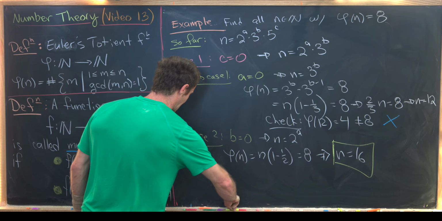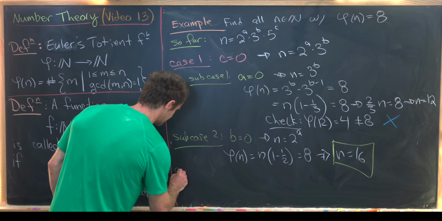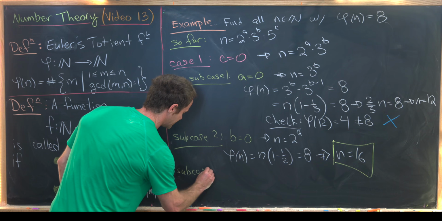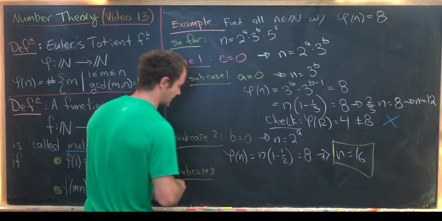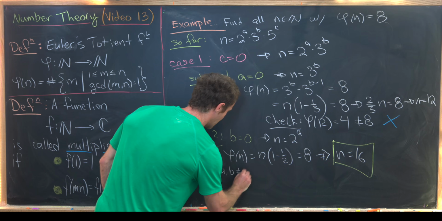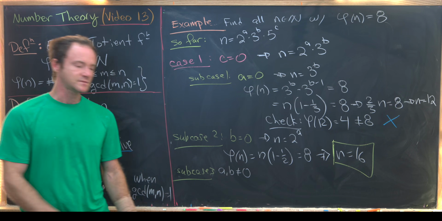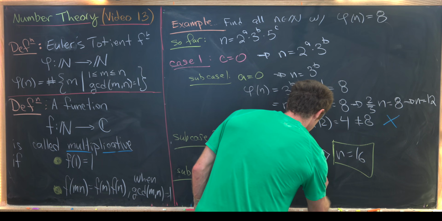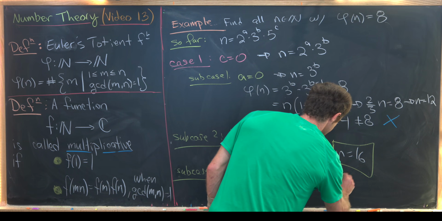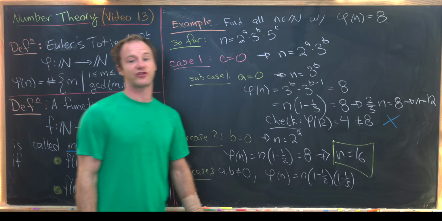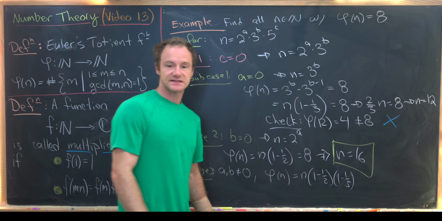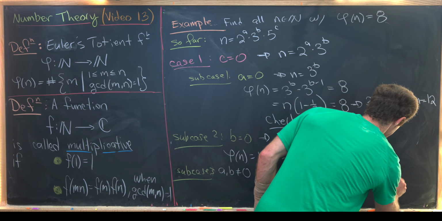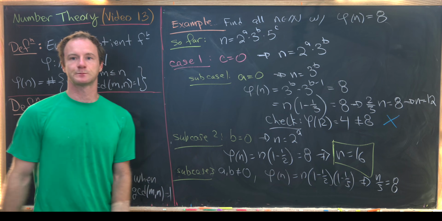Okay, so now let's look at our third subcase, and that will be neither of these are equal to 0. And so we've got a and b are non-zero. Well, from there, we've got that phi of n is equal to n times (1 minus 1/2) times (1 minus 1/3). But let's see, that means that n over 3 is equal to 8.